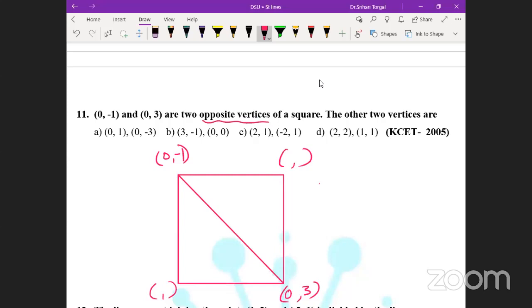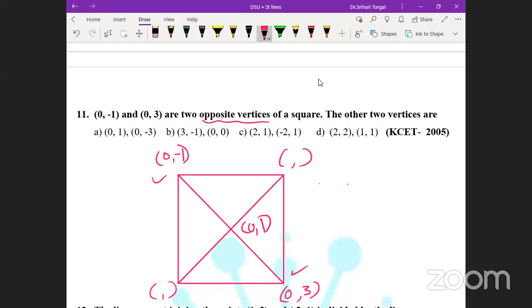Other two vertices are, how to calculate the other two vertices? Let me take one more line from this end to the other end. Now, you need to take the midpoint of these two lines. What is the midpoint? 0 plus 0 by 2, 0. Minus 1 plus 3 is 2. 2 by 2 is what? 1. This is the midpoint of these 2 points.